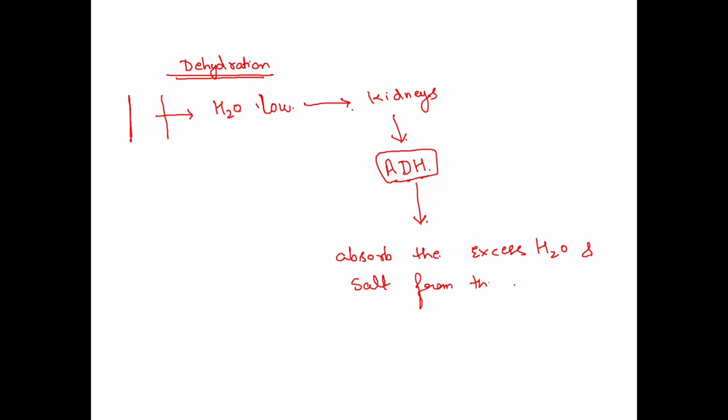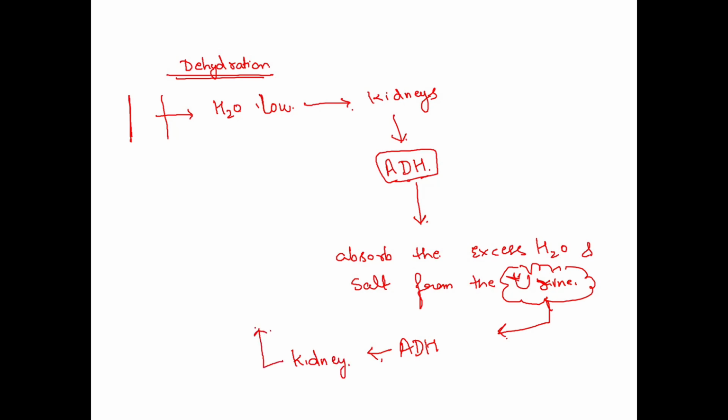We already know urine is a kind of fluid which contains ammonia, toxic substances, urea, water, salt, etc. Now all the water and salt in this urine is absorbed by the kidney due to the action of the ADH hormone and put back in the blood.